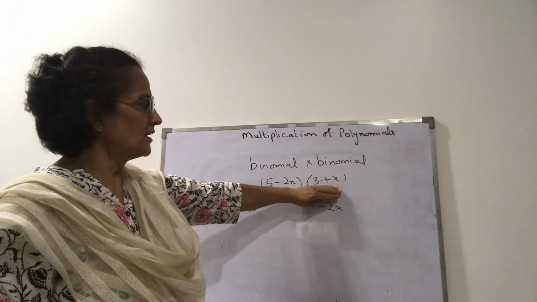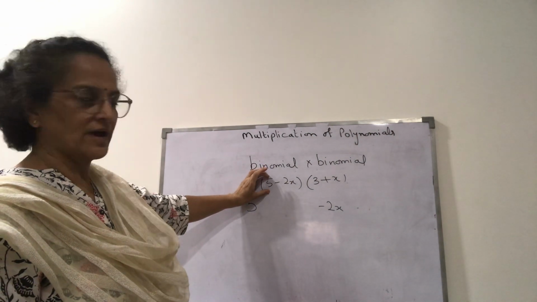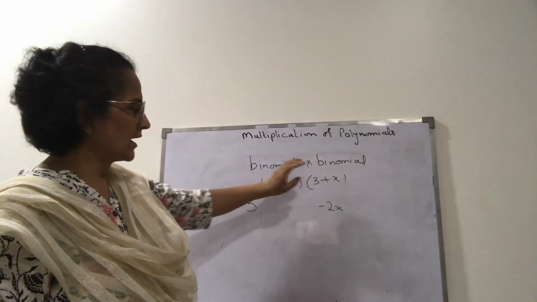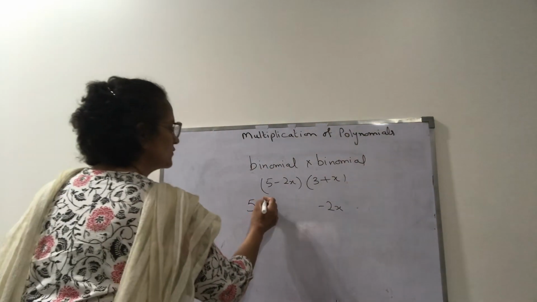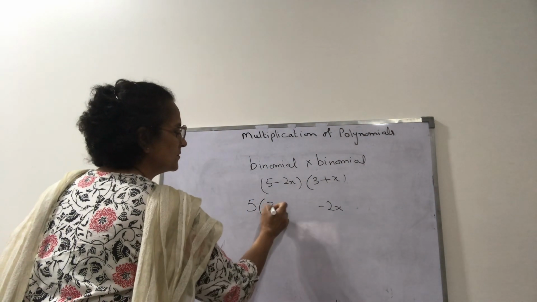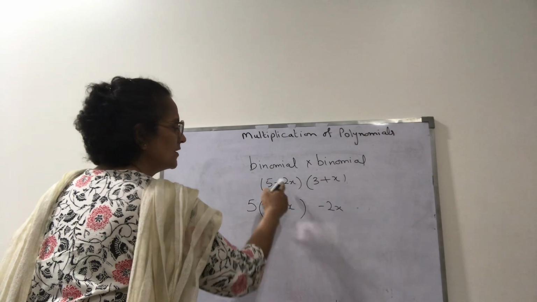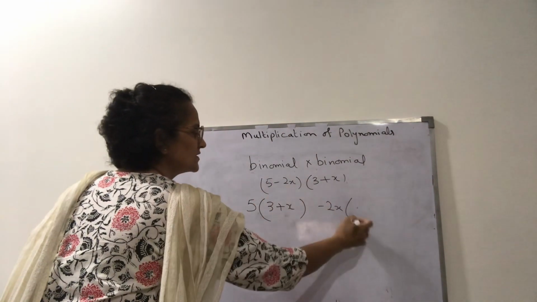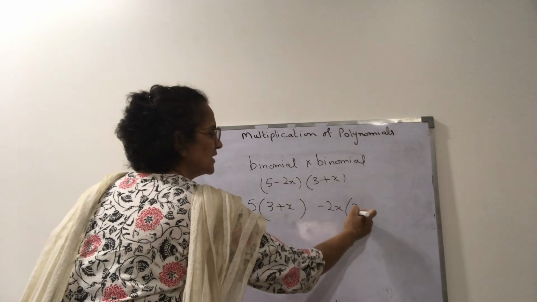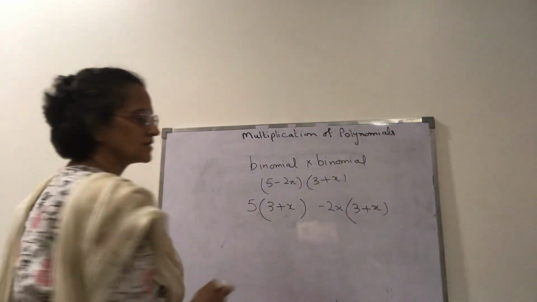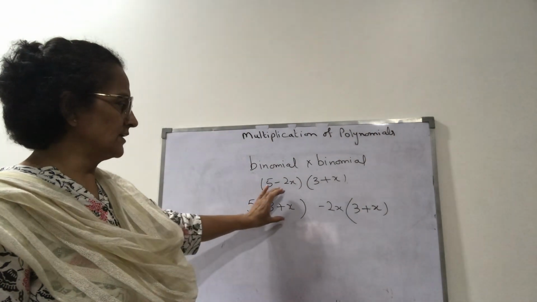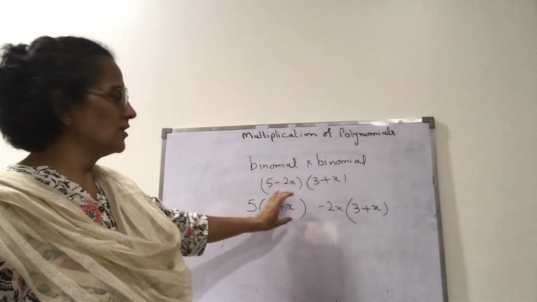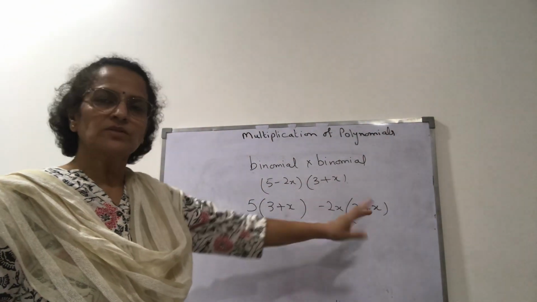Now this whole bracket gets multiplied with 5, and this whole bracket gets multiplied with minus 2x. So we multiply 5 with the second bracket, we copy minus 2x, and then minus 2x is multiplied with 3 plus x. Now we have just done monomial multiplied with binomial.